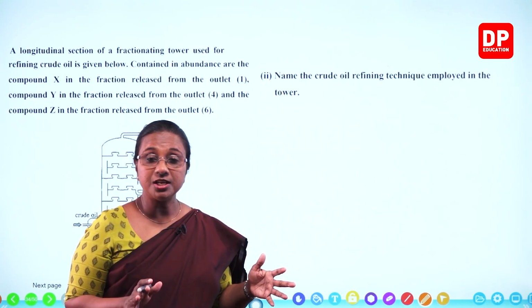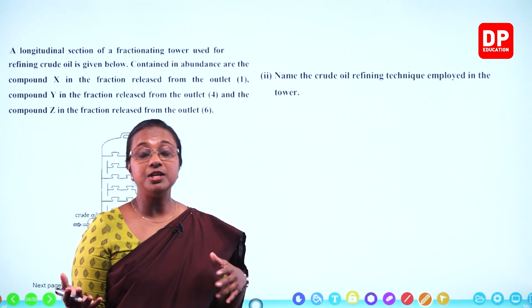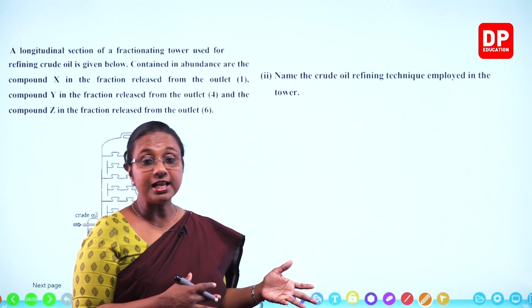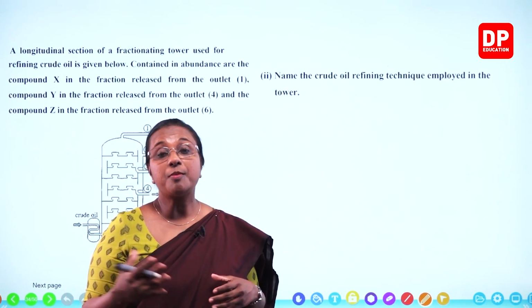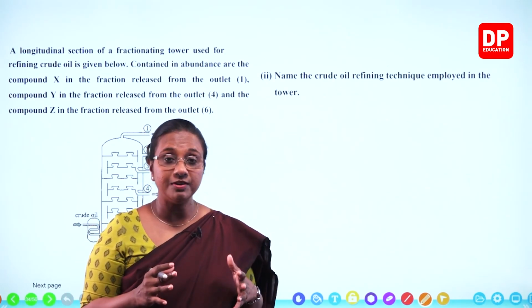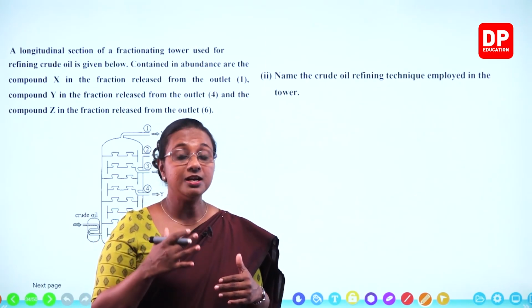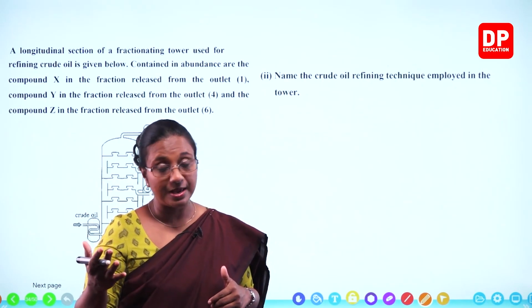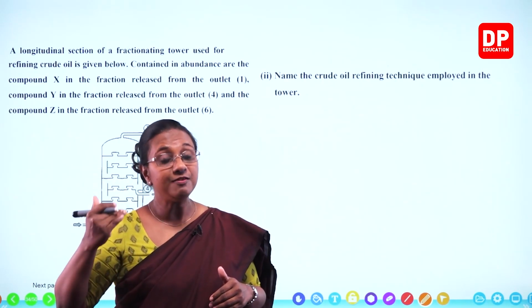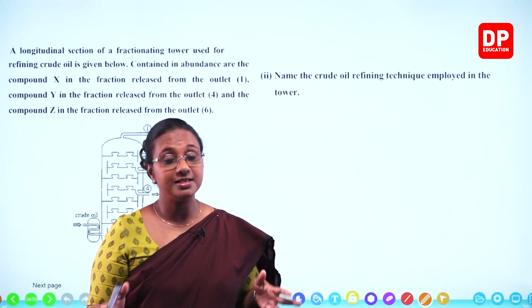You have a mixture that has components with varying boiling points or volatile components, which have to be extracted without their properties being damaged. Then what we do is we provide heat. By providing heat, we convert the components from the liquid state to the gaseous or vapor state first, and then we condense it. That process is what we call distillation.